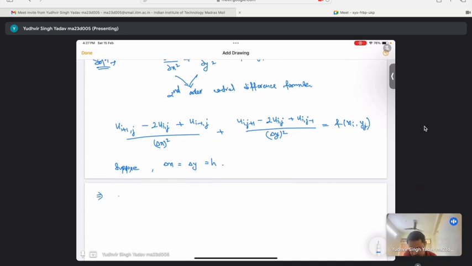Therefore, the scheme will be ui,j equals 1 by 4 times ui+1,j plus ui-1,j plus ui,j-1 plus ui,j+1 minus h square fi,j. So this is the simplified version of the above difference scheme.